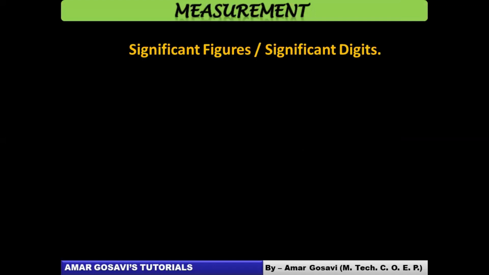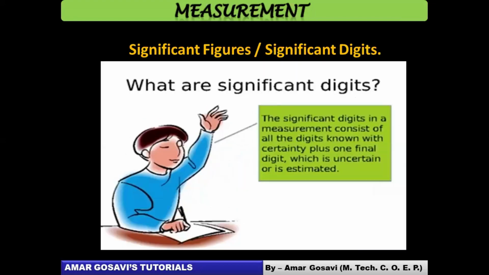So first of all, let's understand what we mean by significant digits. Significant digits are the numbers which are significant in a given calculation or estimated quantity. So which numbers are significant? Let's have a look at it. What are significant digits?